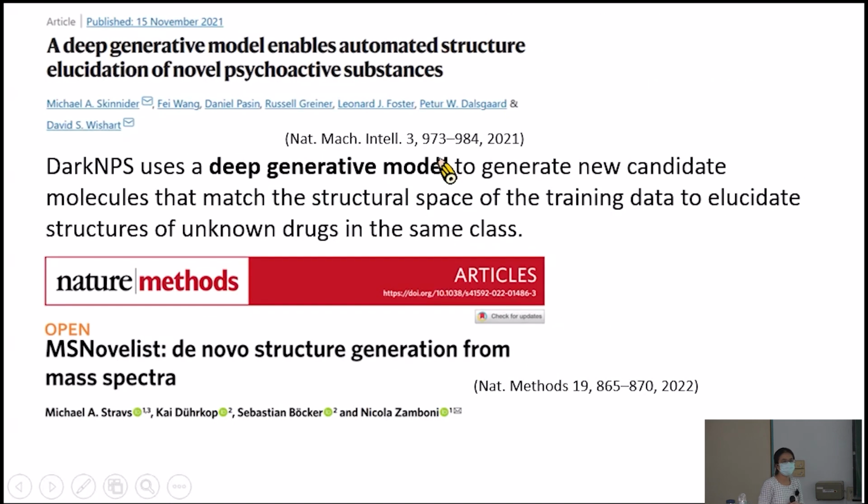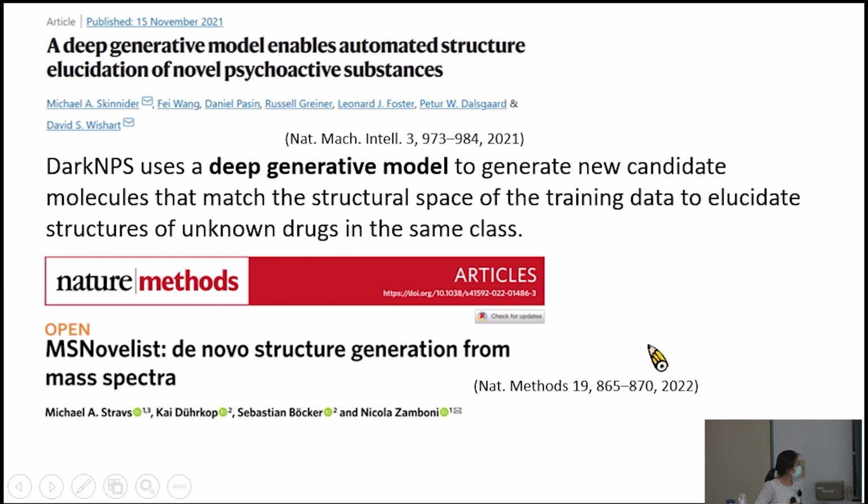And they also have other approaches that can help us to identify the unknown metabolites using machine learning tools, such as the DAC, NPS, or the MassNovelist that has been published last year. Okay, so you will find out that there are many more tools using computational annotation to determine the unknown metabolites. Okay.